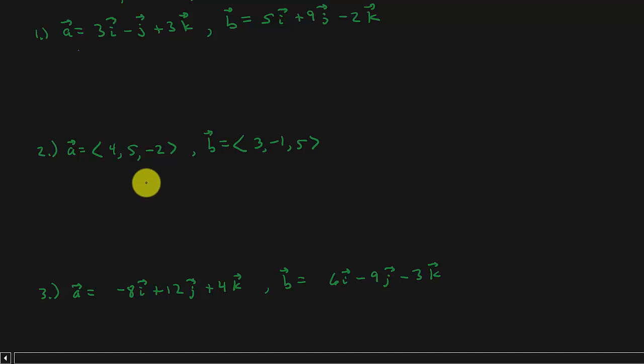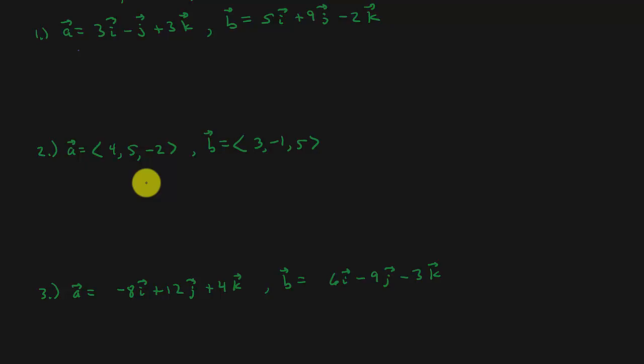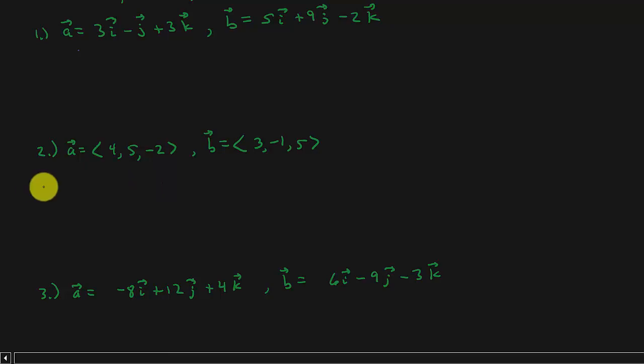All right, so let's check real quick to see if they're orthogonal. Okay, that's the easiest thing to check. So if I take A dot B, that's equal to 4 times 3 plus 5 times negative 1 plus negative 2 times 5.